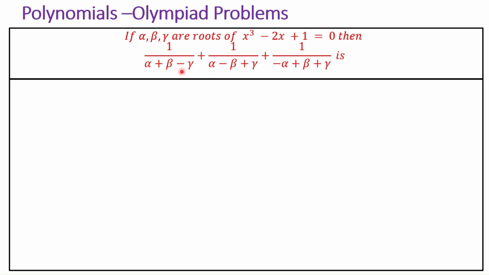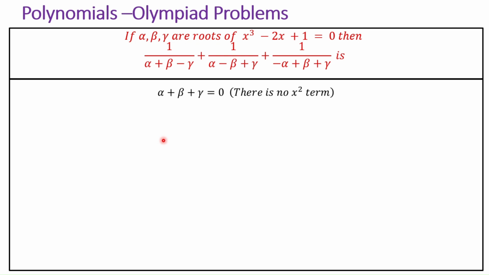If you get the alpha plus beta plus gamma value, is it anything useful? Yeah, definitely it is useful. And if you see the equation which they have given, x cube minus 2x, there is no x square term, right? So for a cubic polynomial, alpha plus beta plus gamma is equal to minus the coefficient of the square term, right?